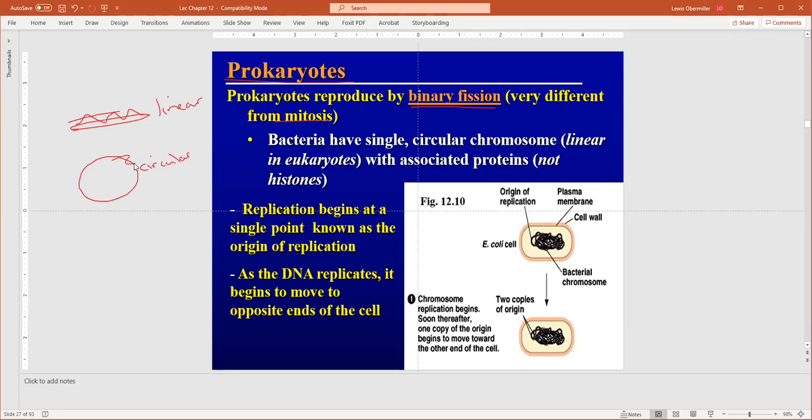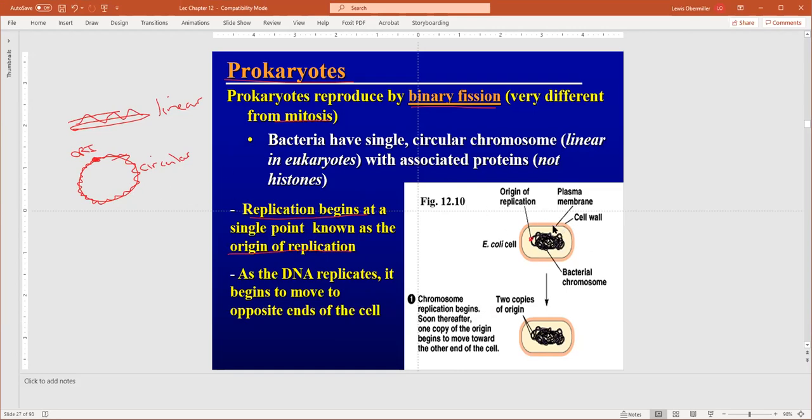Theirs is too, but it's attached all the way through a circle. And they have a place called an origin of replication. We call it ORI, and that's where their DNA is copied. So replication begins at a single point called the origin of replication. It's shown here. This doesn't really look like a circle, but it is, trust me.